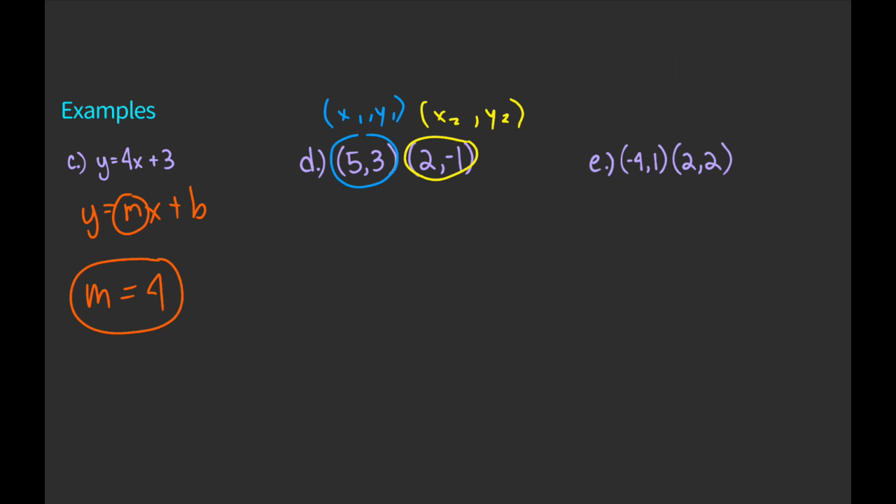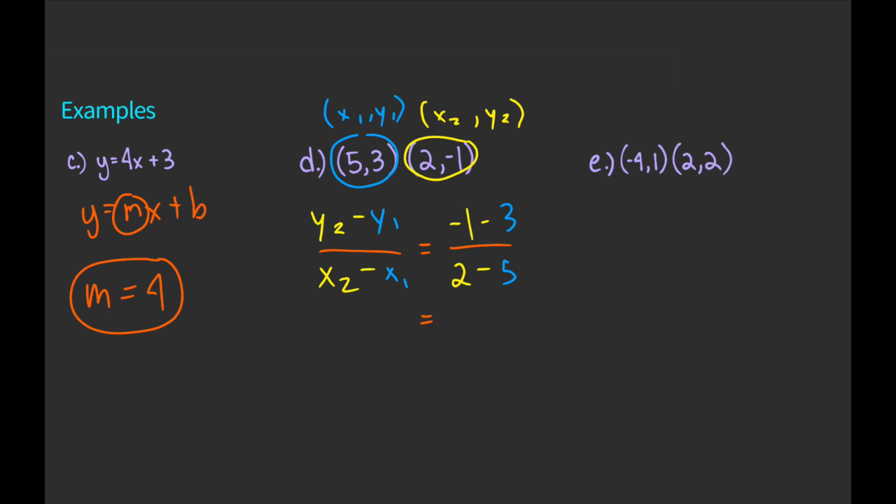Alright, so let's write our slope formula down. y2 minus y1 over x2 minus x1. And we are going to plug our numbers in. y2 is -1 minus y1, which is 3, over x2, which is 2, minus x1, which is 5.